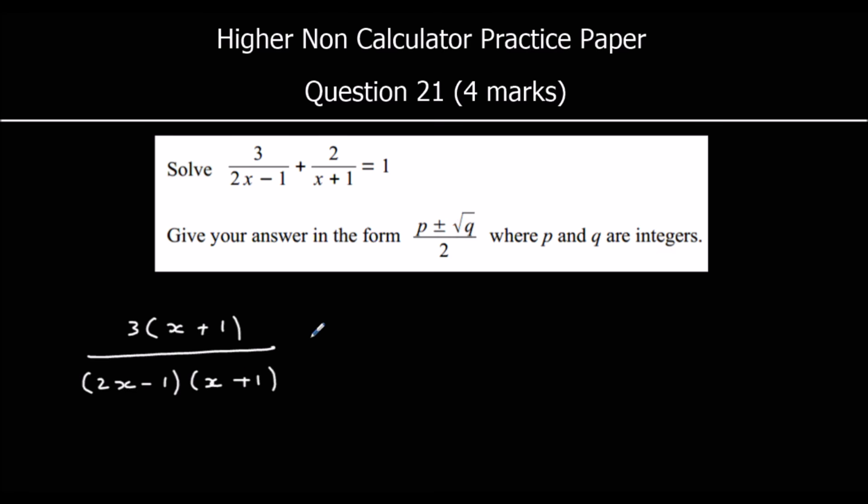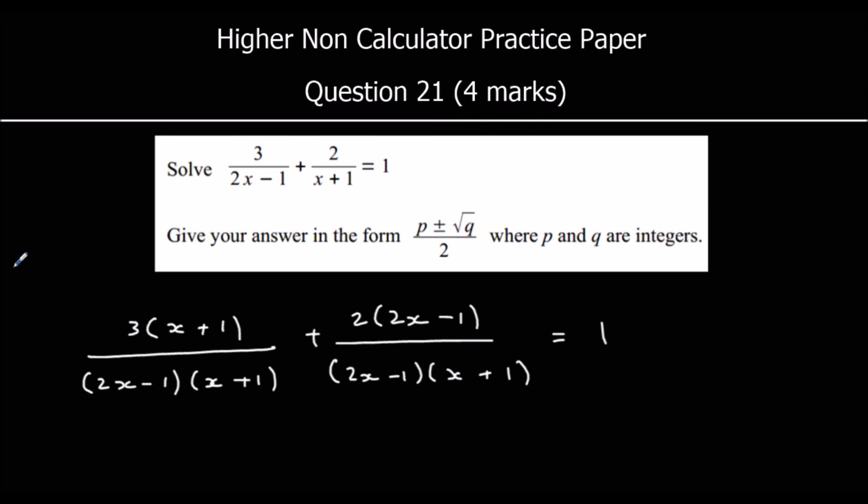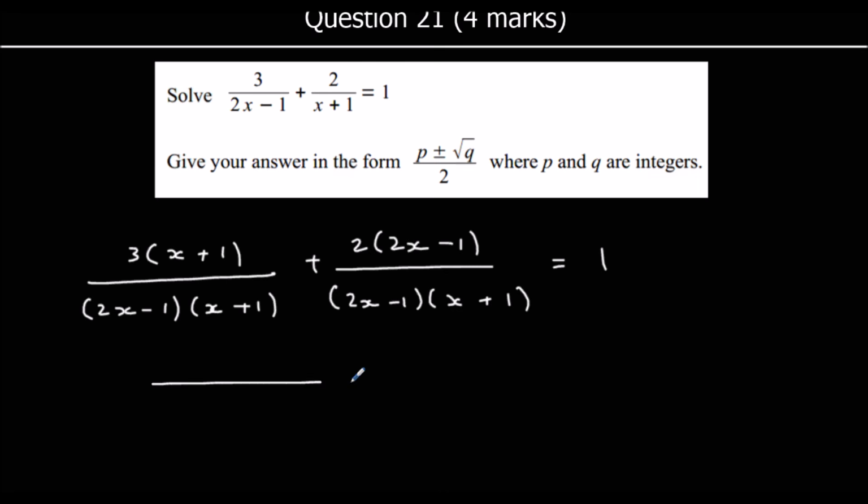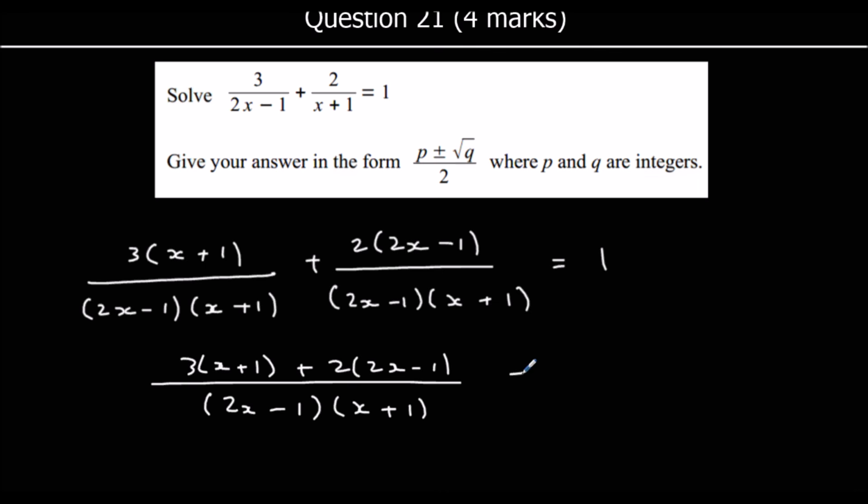And I'm going to times the right fraction by 2x minus 1. I can now make it into one fraction, all over (2x minus 1)(x plus 1).